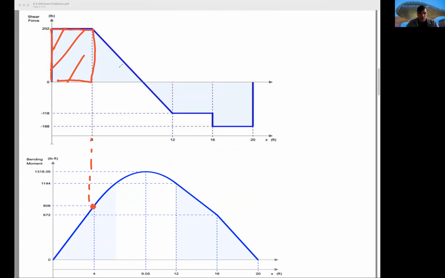The next one will be 202 multiplied by the distance, and I am cutting at 12, so it will be 202 multiplied by 8, all this particular area in yellow, in that square, plus 320 multiplied by the distance, that is 4. And 320 multiplied by the distance, that is 4, by coincidence, is this area.